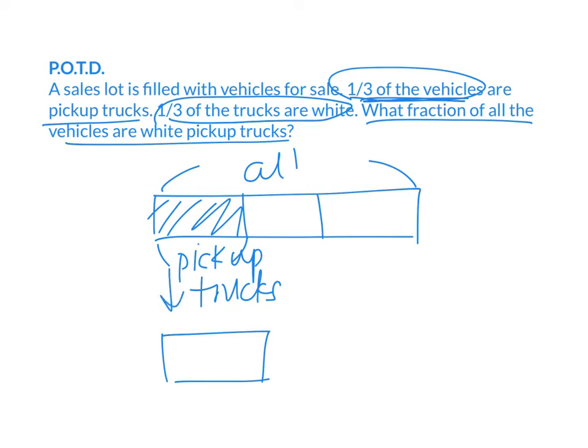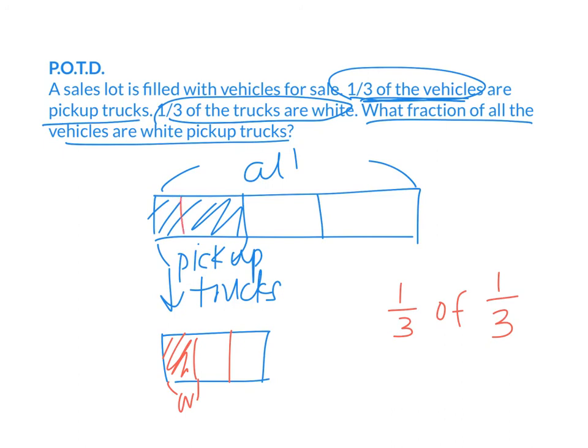Only 1/3 of them are white. So only this portion is white. W for white. So essentially 1/3 of all the pickup trucks are white, but only 1/3 of all the cars are pickup trucks. So we're finding 1/3 of the pickup trucks, which are 1/3 of all the cars. So essentially here we're finding 1/3 of 1/3.